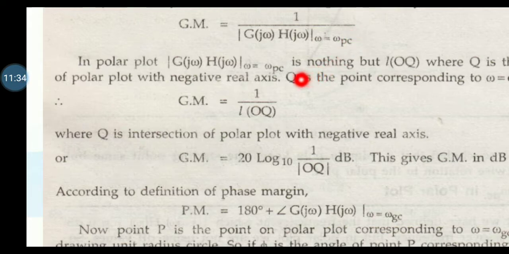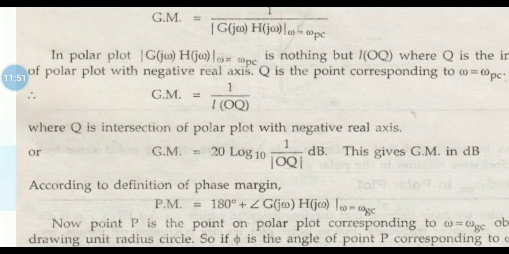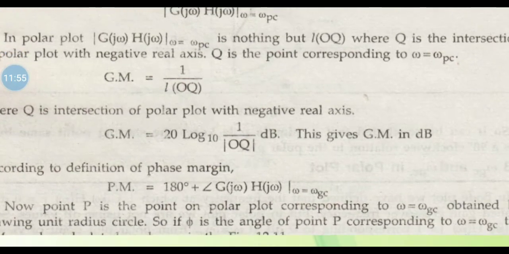In polar plot, the magnitude of G(jω)H(jω) at ω equal to ωpc is nothing but the length of OQ, where we have seen the point Q in the previous diagram, where Q is the intersection of polar plot with the negative real axis. Q is the point corresponding to ω equal to ωpc. So gain margin is nothing but 1 divided by the length of OQ.